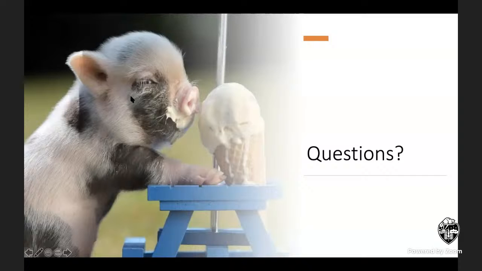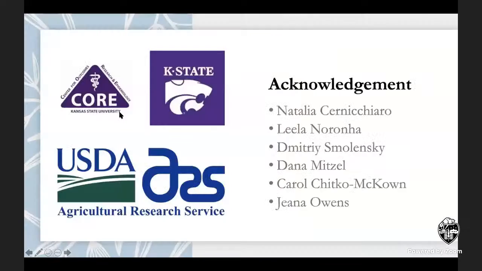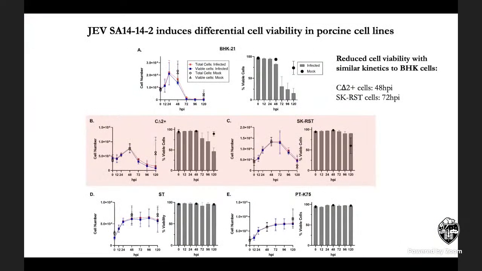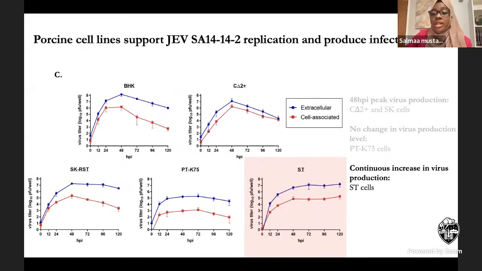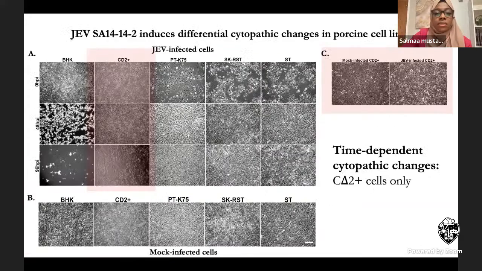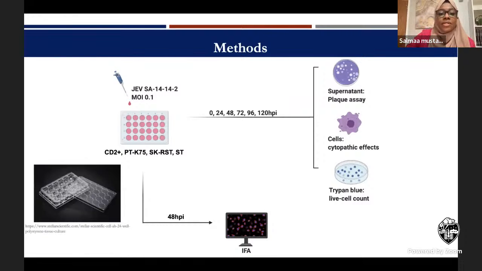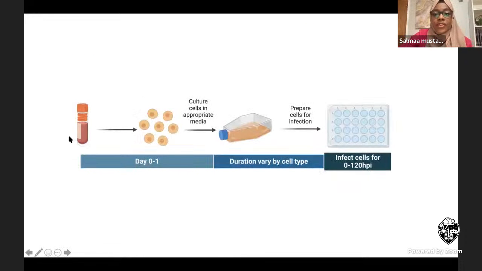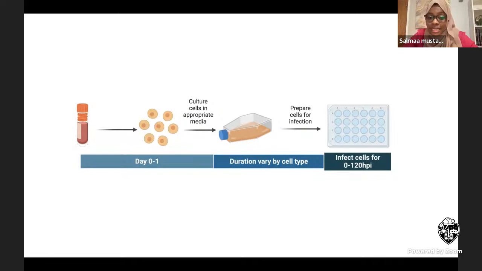Yeah, thank you. Let me start with the cell number. Before you even start infection or IFA or anything, you need to establish your cell numbers and the timing for each cell line.